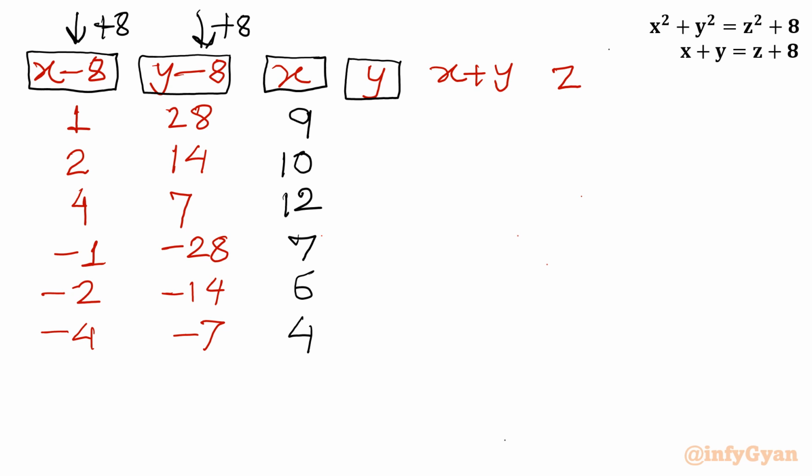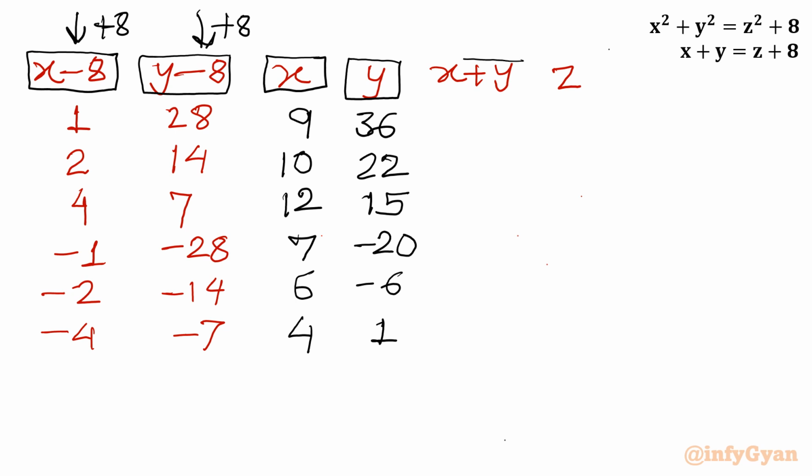So 28 plus 8 is 36, 14 plus 8 is 22, 7 plus 8 is 15, minus 28 plus 8 is minus 20, minus 14 plus 8 is minus 6, and minus 7 plus 8 is 1.